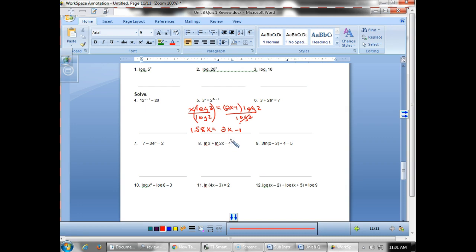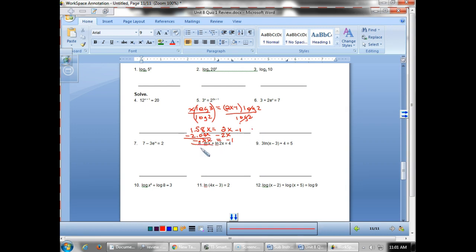So then what would I do with my x's? Move them to one side. So I'd probably do minus 2x, minus 2x. You're going to get a negative decimal out front of x. Tell me what that is. Negative 0.42.